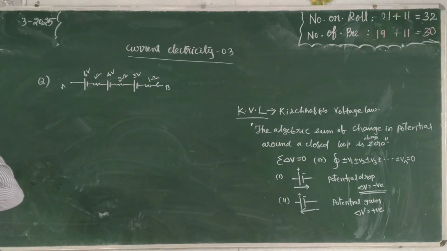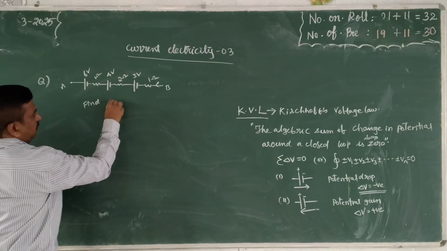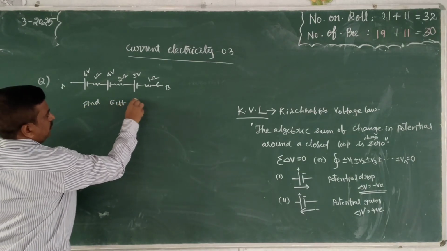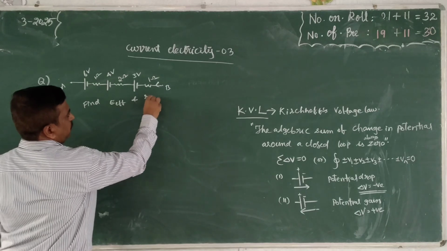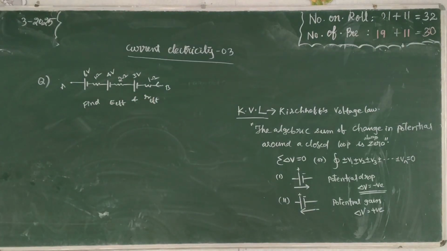We want to find the effective EMF and effective internal resistance. What is the formula here?